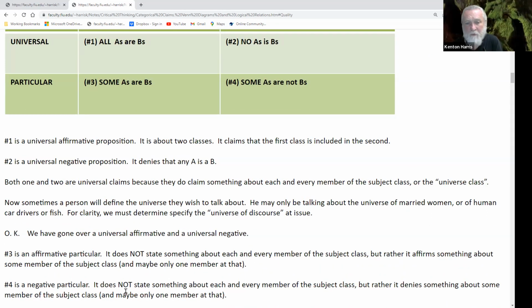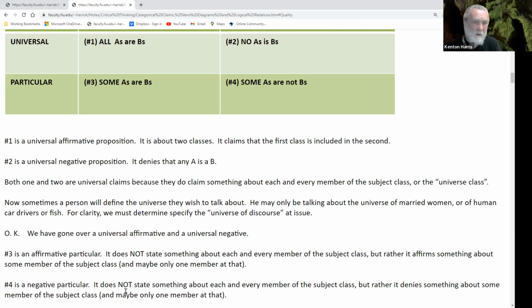Number one is a universal affirmative about the two classes, and we refer to it as an A claim. Affirmo, we use the A, it's an A claim. Number two is a universal negative about the two categories, and we call that an E claim, again from nego, right?